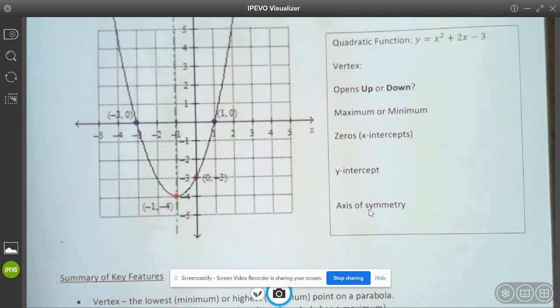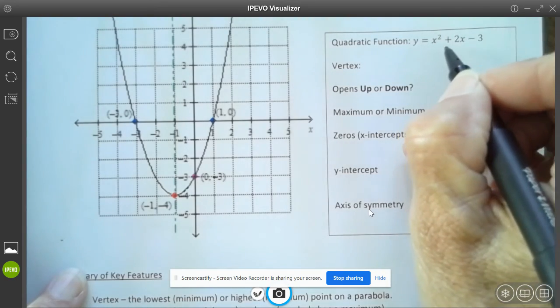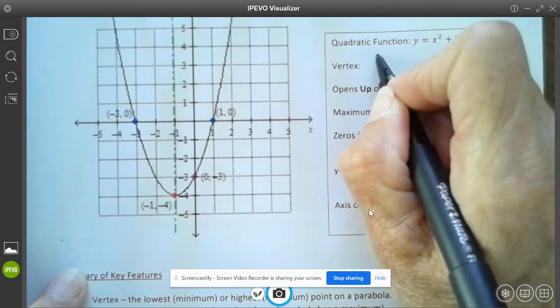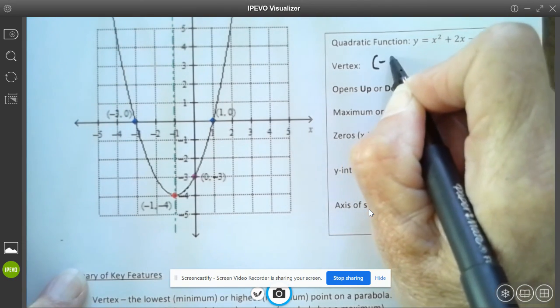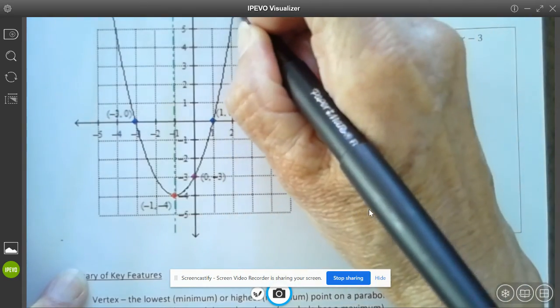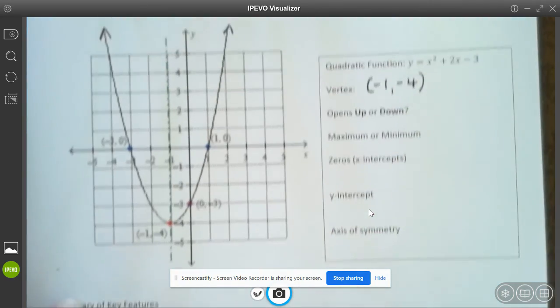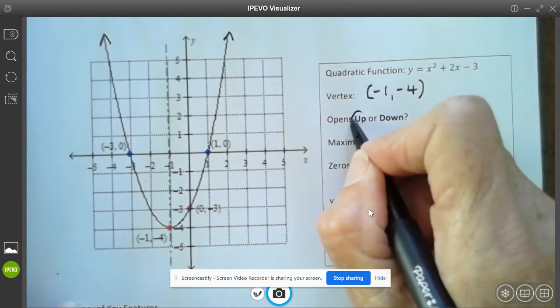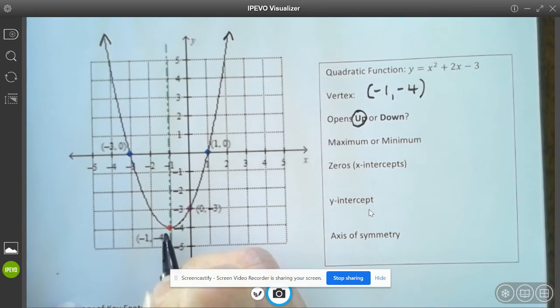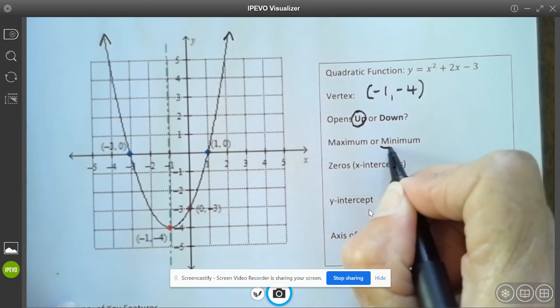I'm going to put up the answers, and I want to make sure that you understand it. Now we have a quadratic function of x squared plus 2x minus 3. The vertex here is -1, -4. This, I would say, opens up because my arrows point up. This vertex is actually a minimum point.